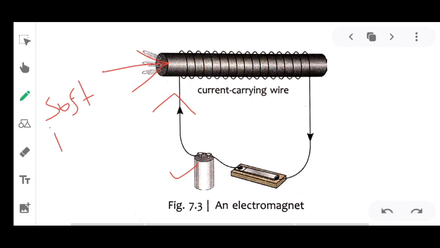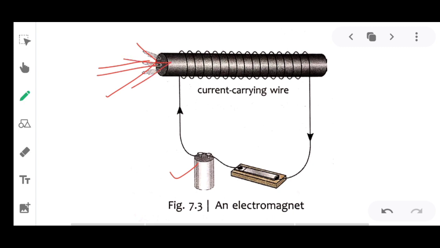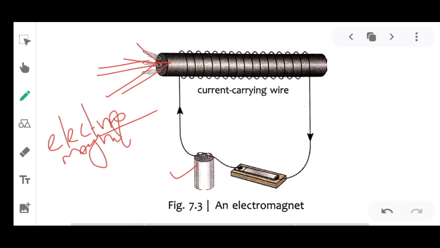Now when you switch on, the current starts flowing through this wire. When the current starts flowing, this iron core behaves like a magnet. This whole phenomenon is known as electromagnetism. Clear? And this magnet is known as an electromagnet.